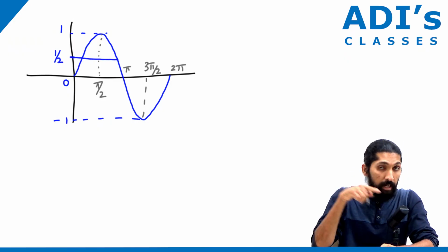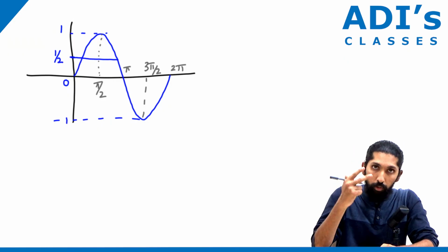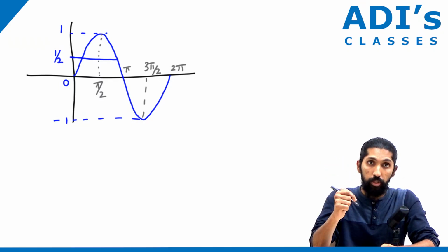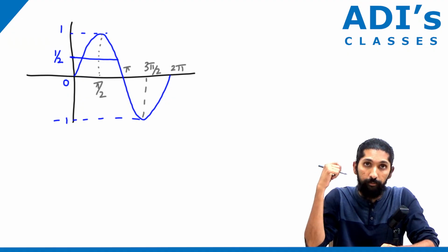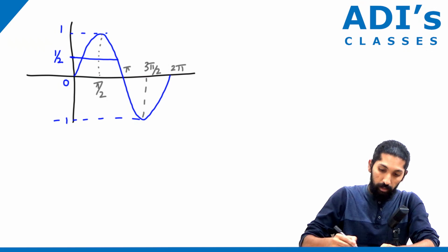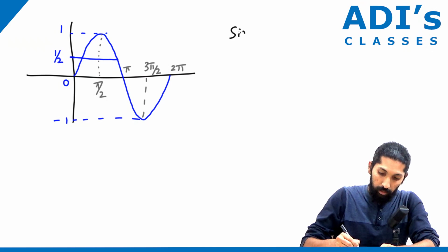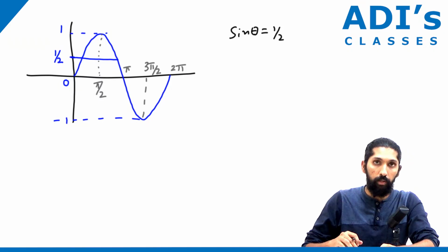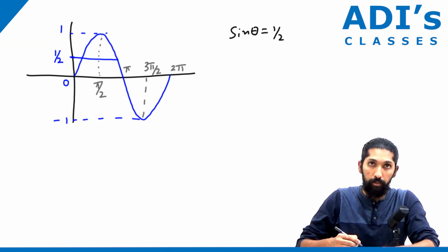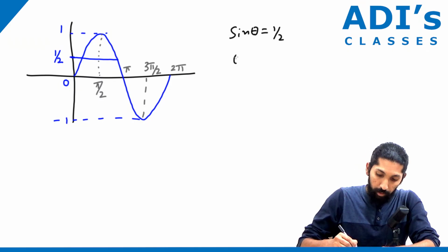Now, within the first and second quadrant, there are two values, isn't it? There are two values for which sine theta can become half. That means, suppose sine theta is equal to half. Okay. In the first quadrant, we know the value, so theta can be equal to pi by 6.